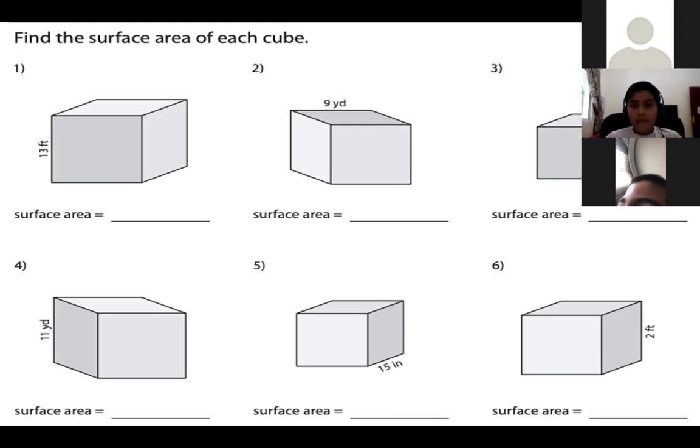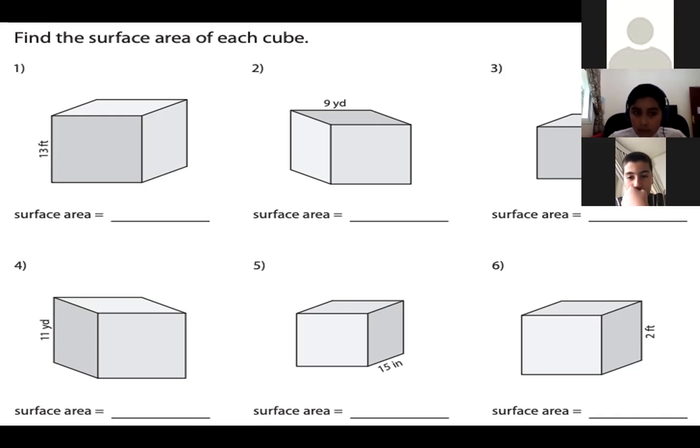Miss, I did it. 11 times 6, 66. Okay. But let me ask you a question, guys. So far, what you've done is you multiplied 6 by each side length, right? But you just pinpointed the mistake you were doing by yourself.